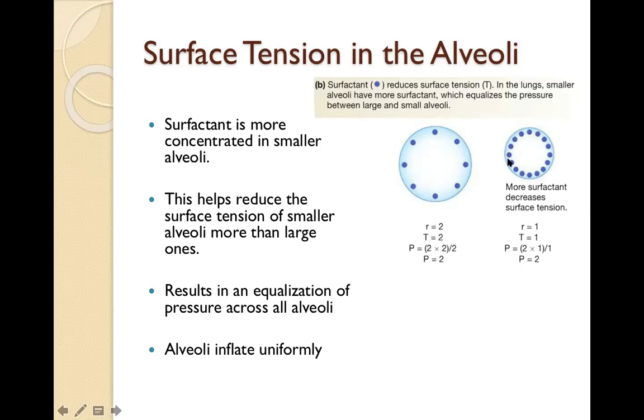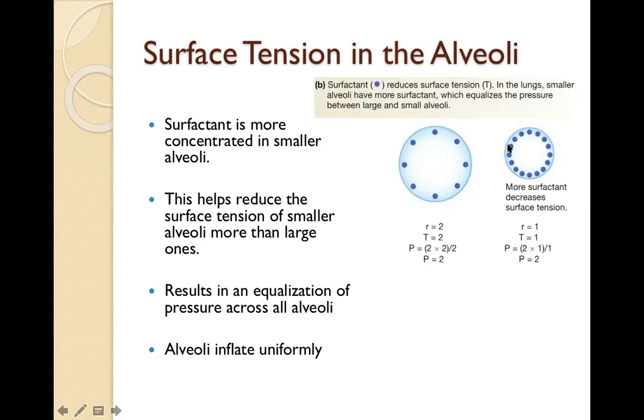Compared to a small alveolus, whereby all of those surfactant molecules are in close proximity to each other, and relatively speaking, there's a higher concentration of surfactant at every single location within this alveolus because it's smaller. So in a small alveolus, the surfactant will have more of an effect on reducing the surface tension compared to a large alveolus.